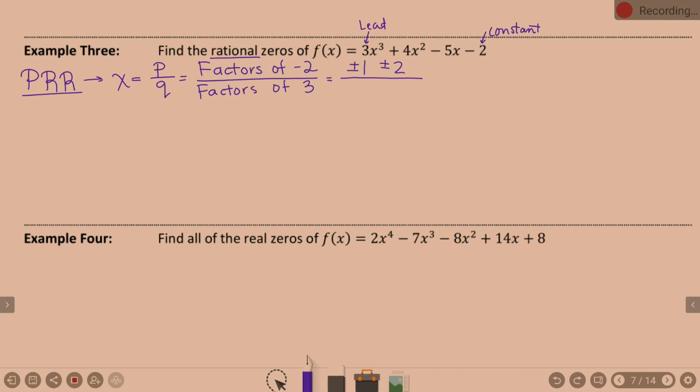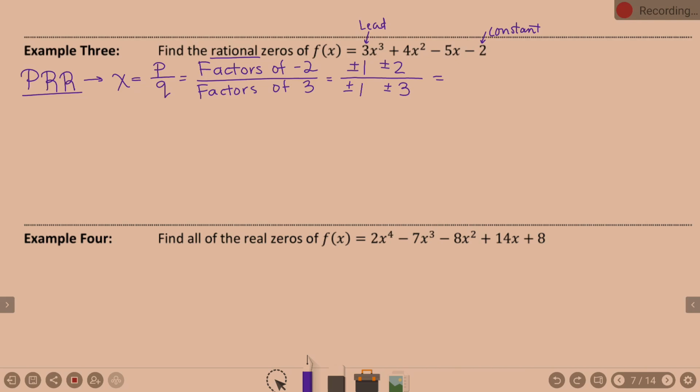What are factors of 3? Plus or minus 1, plus or minus 3. Okay. Don't leave your answers like this if I'm asking you specifically for your PRRs. Go through and make a list of the specific PRRs.